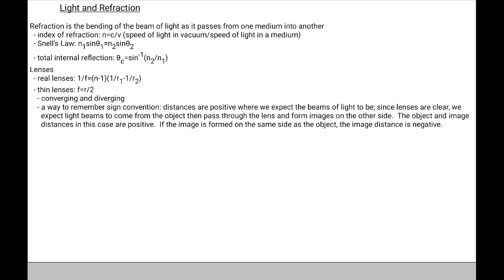So let's look at some lenses. Let's look at some ray diagrams. Here we have a converging lens. And since there are two curved surfaces, there will also be two focal points. Let's say that there is a focal point here and one there.